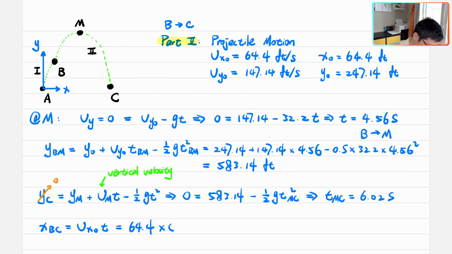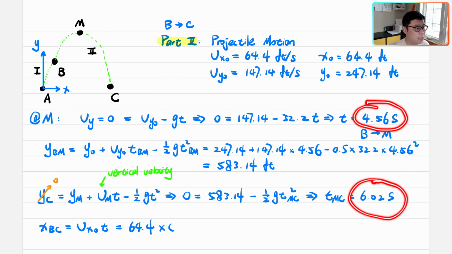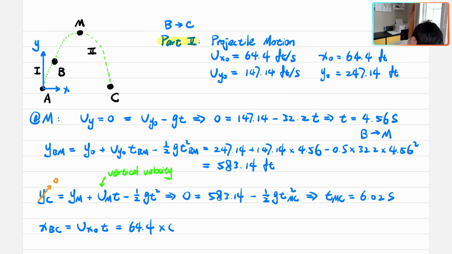Remember, the time is from B to C, so you need the time here plus the time here, B to M, then M to C. Just remember there are multiple parts going on here. That gives $681.35 feet, our total displacement from B to C.